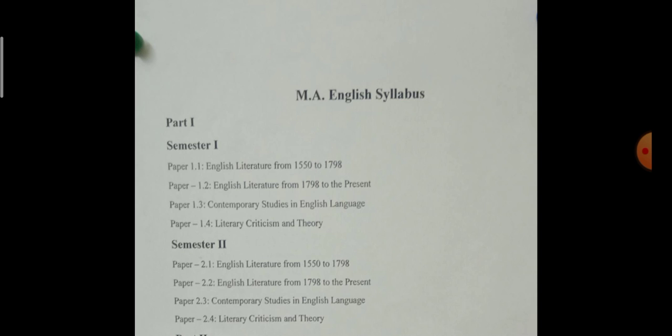Then paper 2.2, English literature from 1798 to the present, paper 2.3, Contemporary Studies in English Language, and paper 2.4, Literary Criticism and Theory.